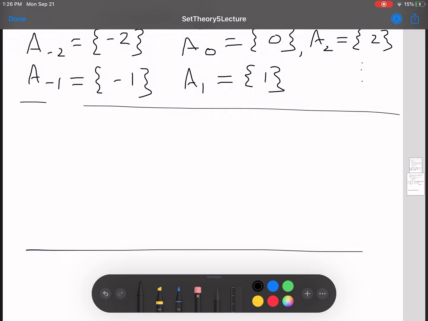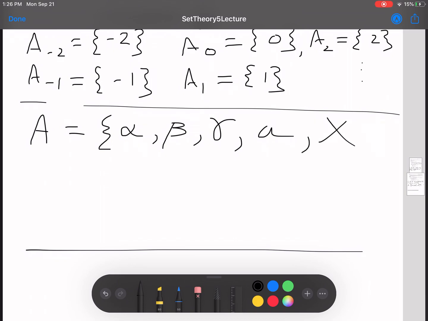Let's see, if you have some set, say A is, I don't know, alpha, beta, gamma, A, X. Then a partition of A is to just put everything in a single set.